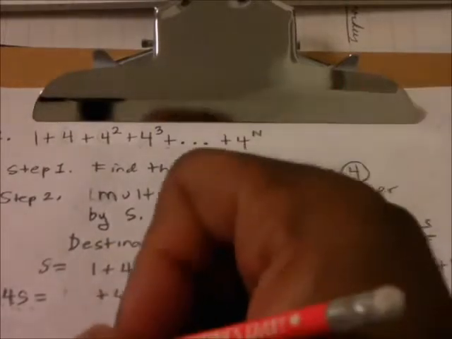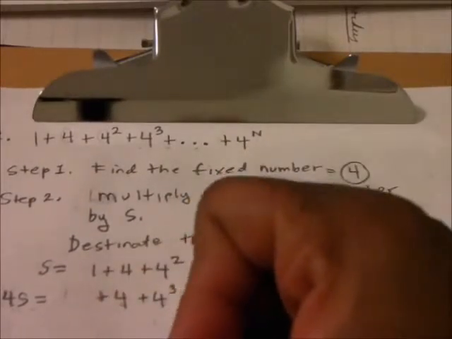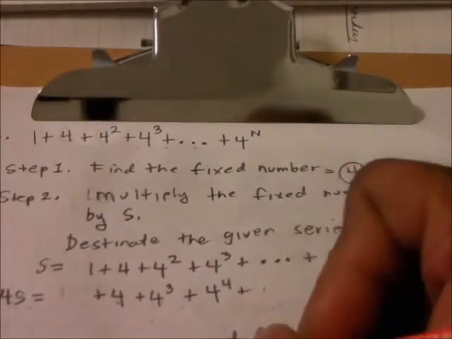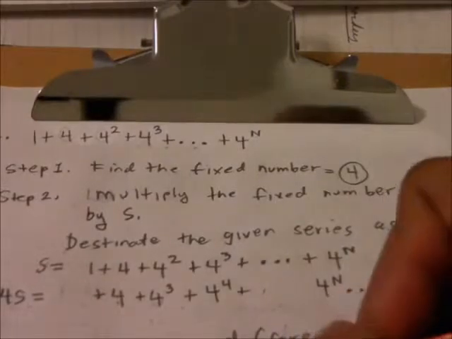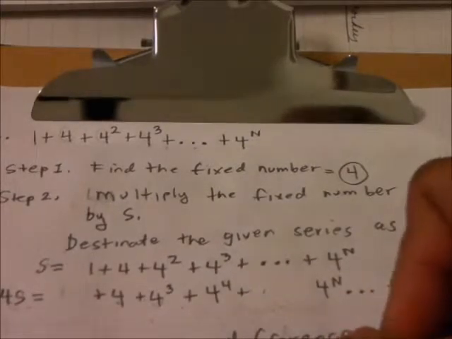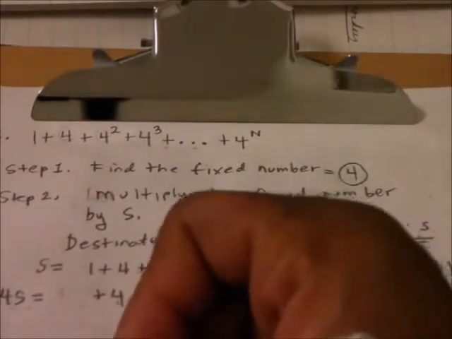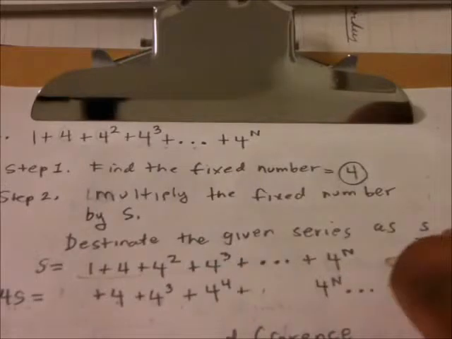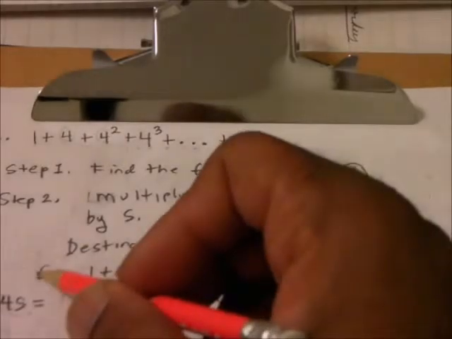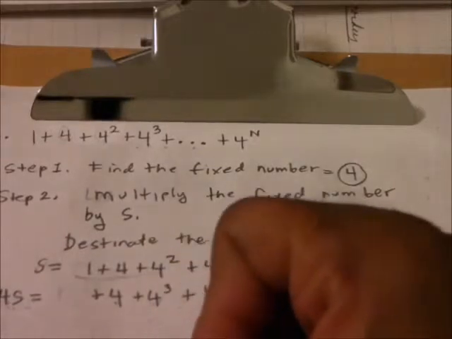We're going to write all the elements that represent 4s, which is 4 plus 4 to the third plus 4 to the fourth plus 4 to the n, plus the dots, 4 to the n plus 1, and then minus. The negative is going to change all these values. Instead of plus, it's going to change to negative because you're multiplying negative 1 times s. So you'll have negative 1 minus 4 minus 4.